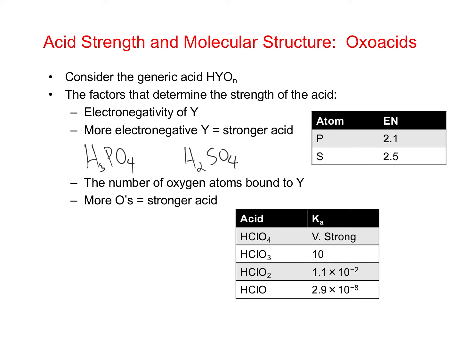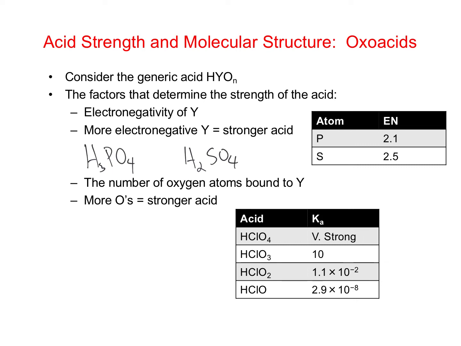The other thing that we can consider when comparing the strength of oxyacids is the number of oxygens. The more oxygens connected to that central atom, the stronger the acid is going to be. So if we consider the family of these oxyacids, all with chlorine as the central atom, we can see that as we go from 1 oxygen to 2 oxygens to 3 oxygens to 4 oxygens, the Ka increases.